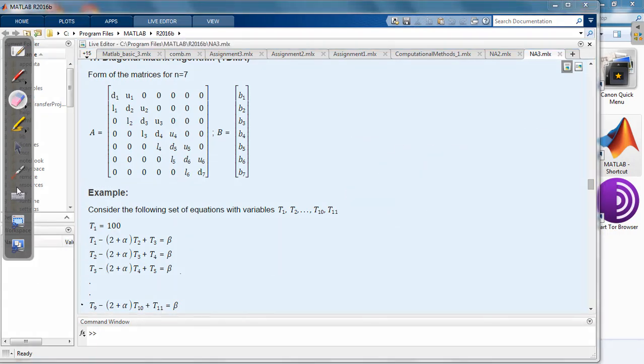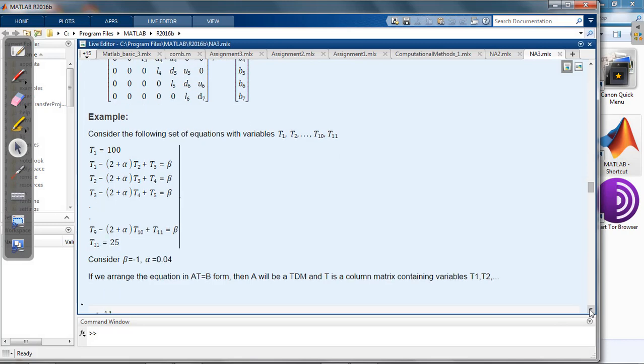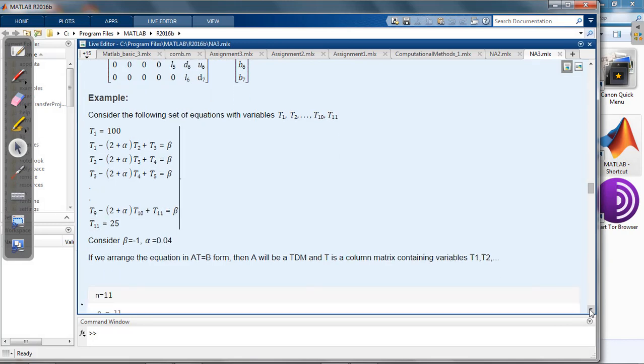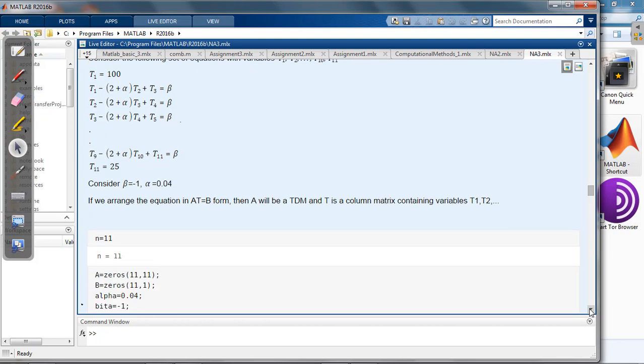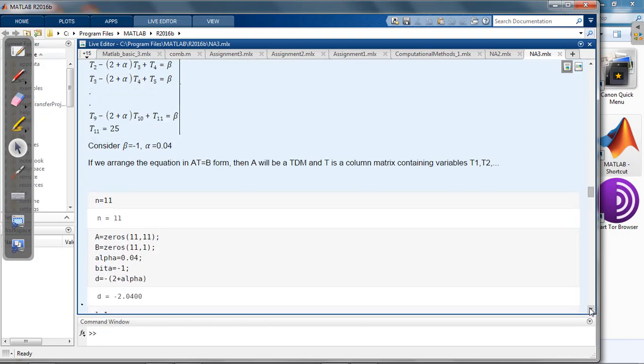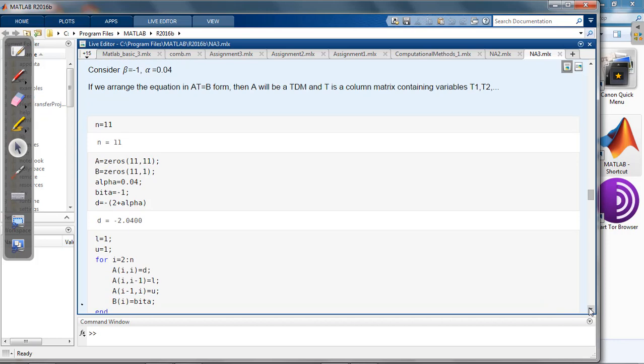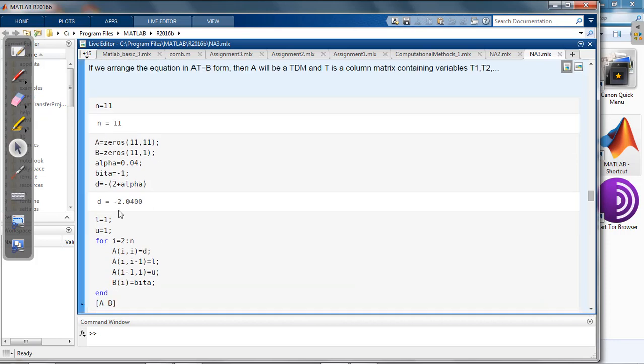Now after understanding the problem, let us try to solve this particular equation. The first step of solving this equation is to create this particular coefficient matrix first. Creating that coefficient matrix is done here in these few steps. As you can see, initialize by zeros first, and then these alpha beta values which are given.